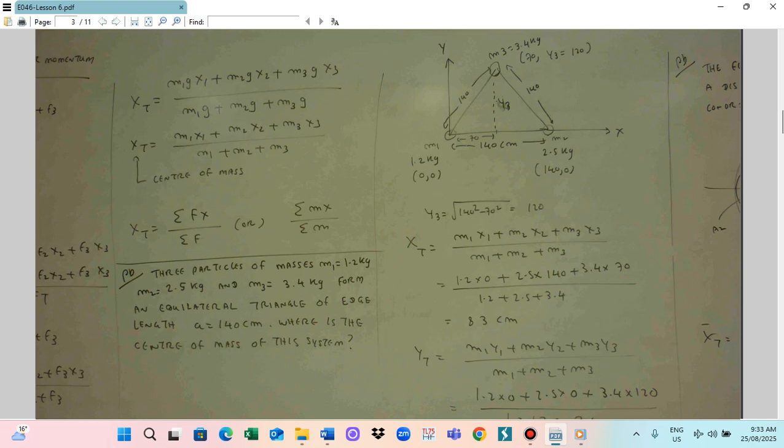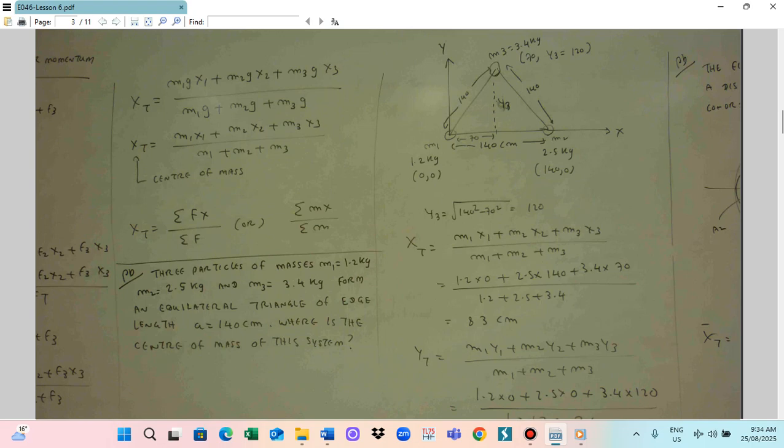So we have to draw a coordinate system. This is the y-axis, this is the x-axis. Here is m1, m2, and m3. So we can find the distances. The coordinate of m1, which is 1.2 kg, is 0, 0.